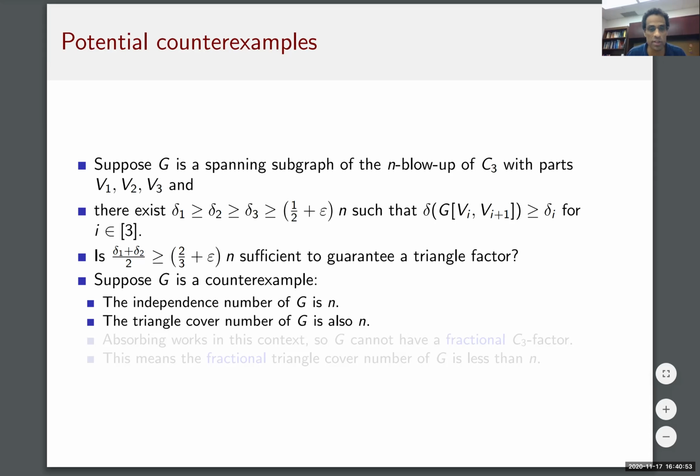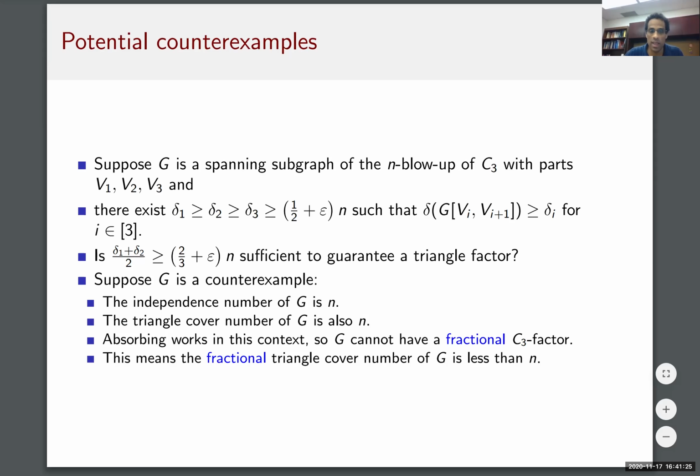So those 2 facts can't be the reason you don't have a C3 factor, and absorbing works too. So it would have to be that G cannot have a fractional C3 cover, which is a well-known fact.